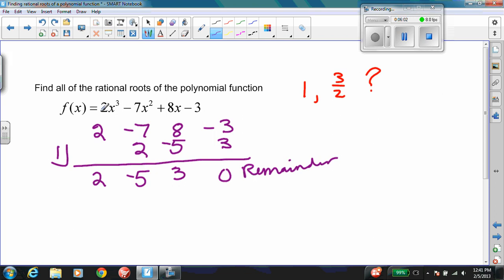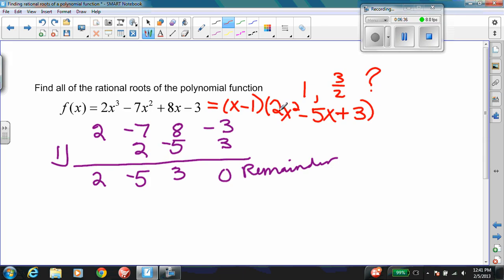If I were to divide this polynomial by the factor x minus 1, remember, if 1 is a root, then x minus 1 is going to be the factor. So right now, I have f of x is equal to this polynomial, which is also equal to x minus 1 times (2x squared minus 5x plus 3).